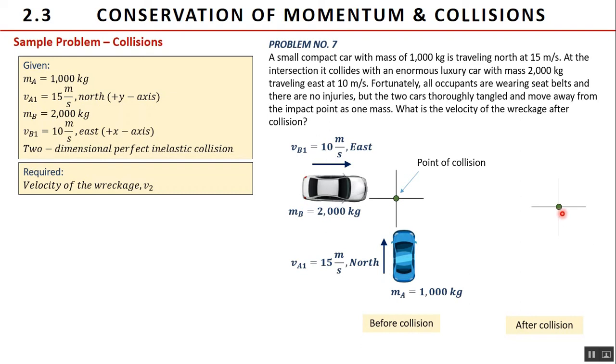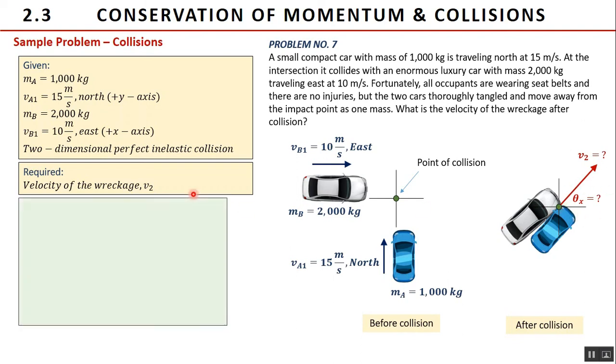What do you think? Very good, the 2 cars are likely to move on the first quadrant as soon as they collide. What we are going to solve is the velocity, v sub 2, right after they collide. Of course, we will also include its direction, theta sub x. Now, let us solve to see if our prediction holds true.